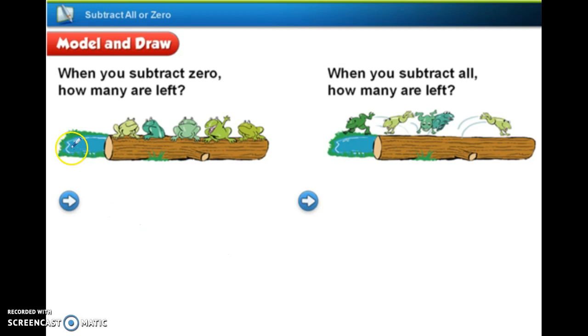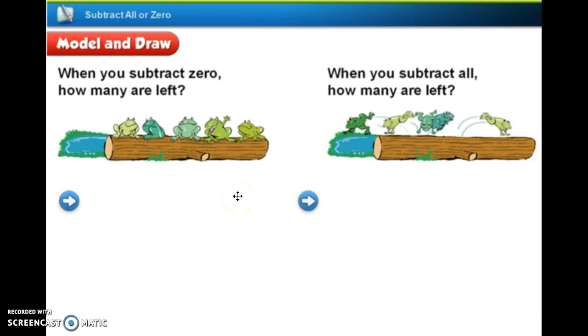Okay. Let's look to see what happens when you subtract 0. How many are left? Look at our picture. How many frogs are on the log? Let's count them. 1, 2, 3, 4, 5.